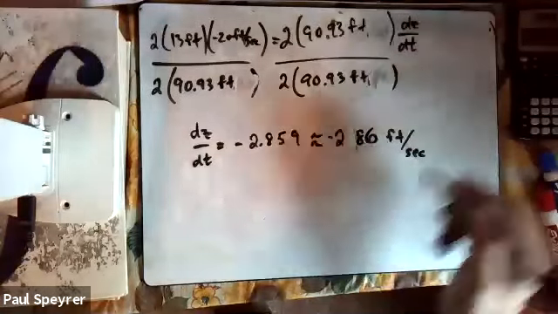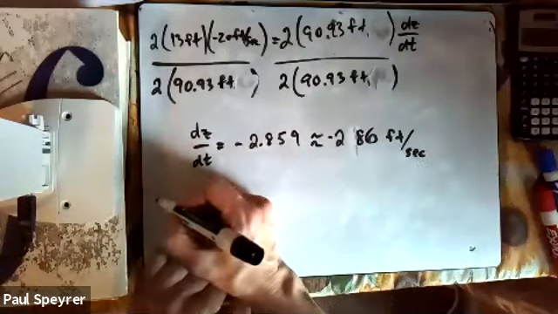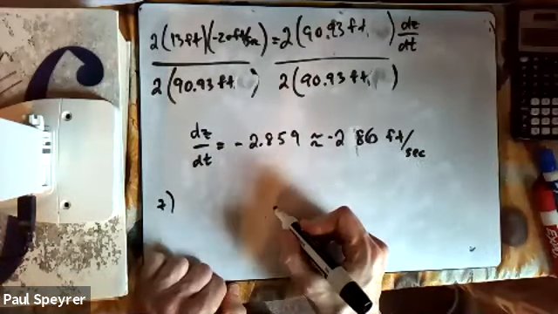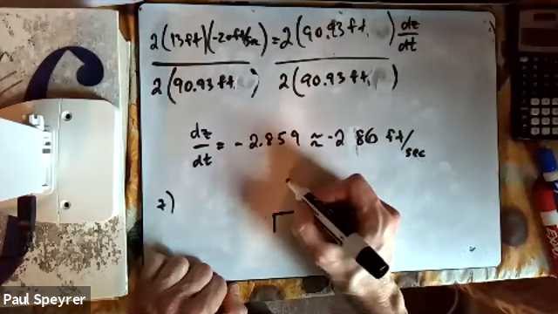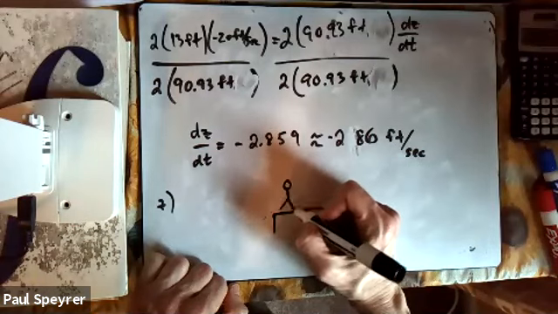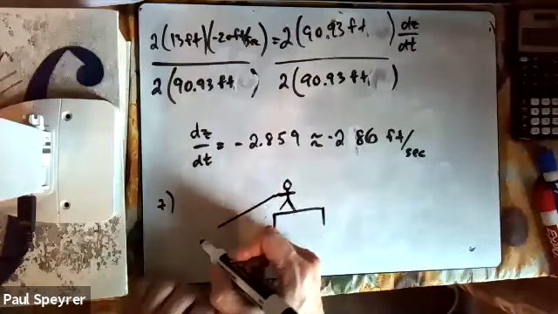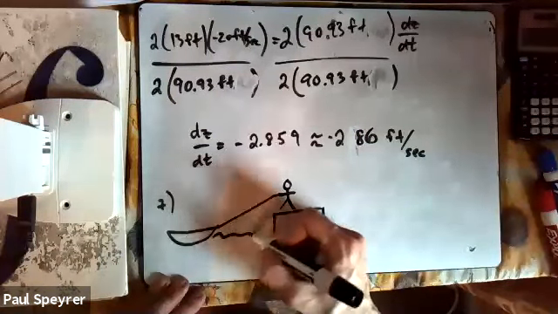Okay, now let's look at 7. It's saying a boat is being pulled towards a dock by a boy. All right, so here's the dock. You got the boy. And the water.